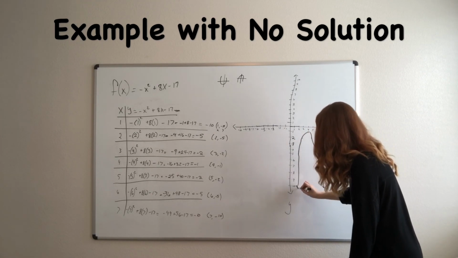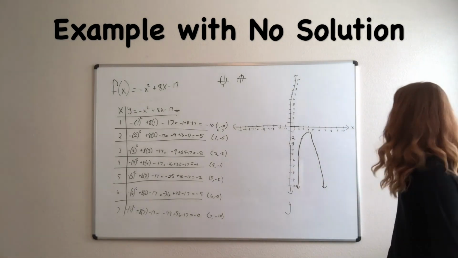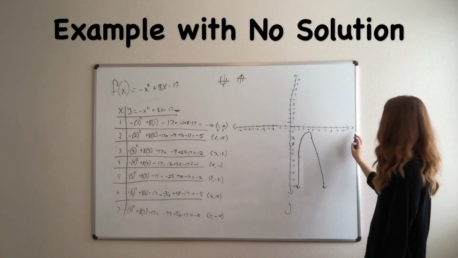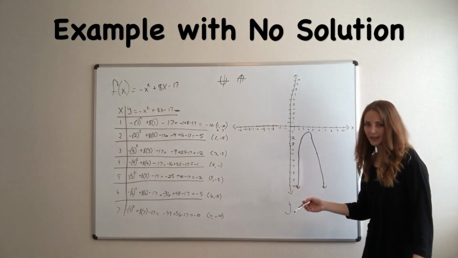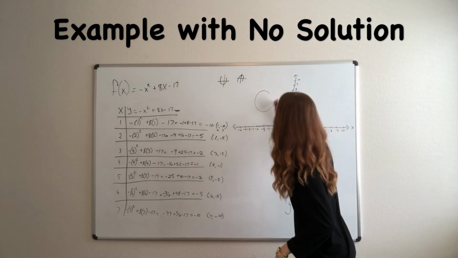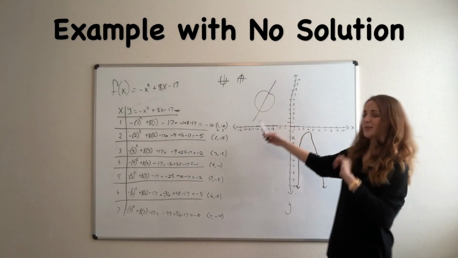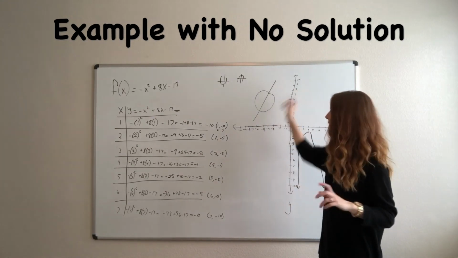Well, we see it resembles something of an N, which is what we're going for, so we know we graphed it correctly. But now if you notice, it doesn't cross the x-axis anywhere. Okay, so if it does not cross the x-axis anywhere, no solution. Okay, so keep in mind, the symbol that denotes no solution is just a 0 with a line through it.